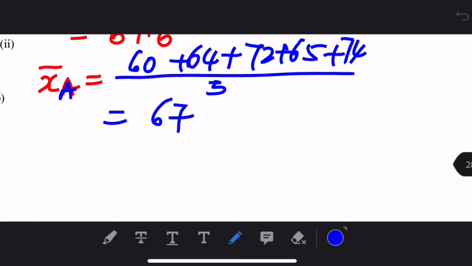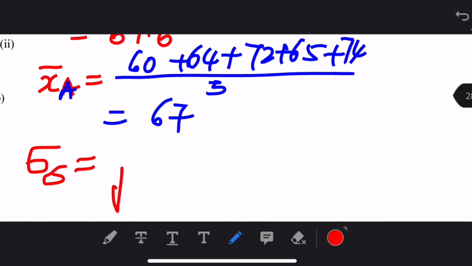So let me calculate the standard deviation for Sophia. It's actually a square root, and it's quite long.